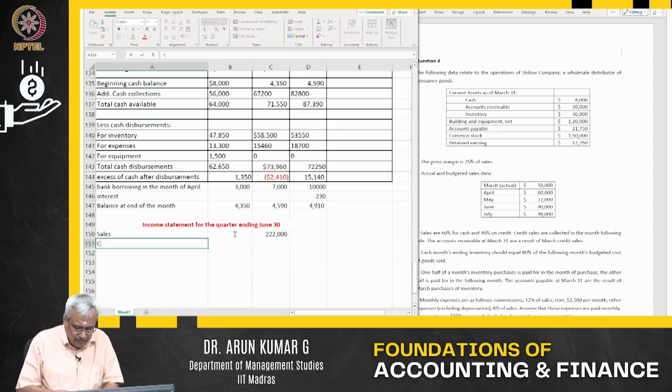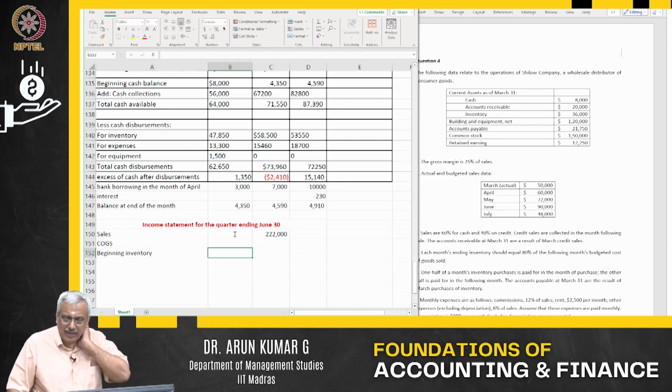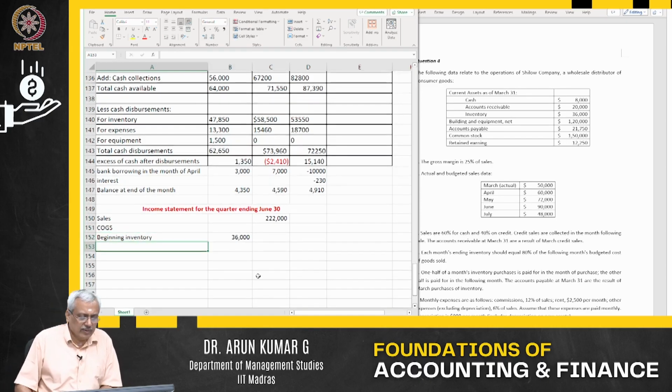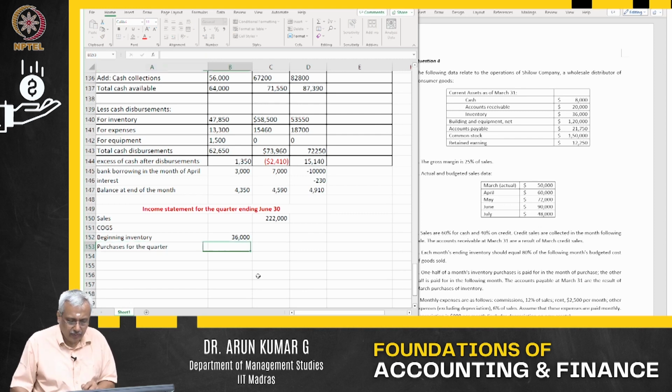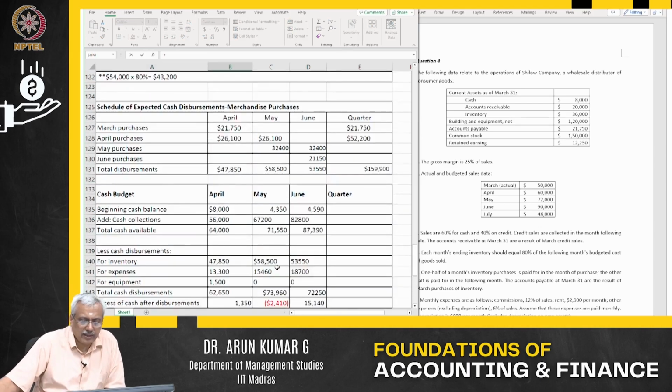Then let us look at COGS, cost of goods sold. When I say COGS, beginning inventory. What is the beginning inventory I had? The beginning inventory I had is about 36,000. Then we have to make out what the purchases for the quarter are.